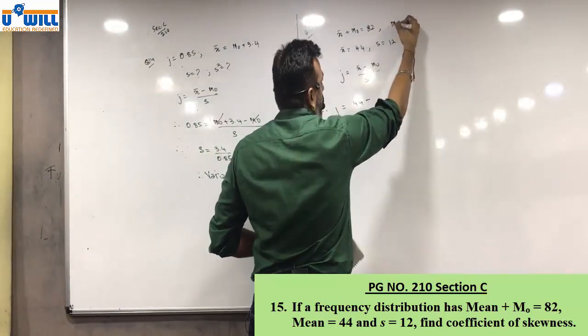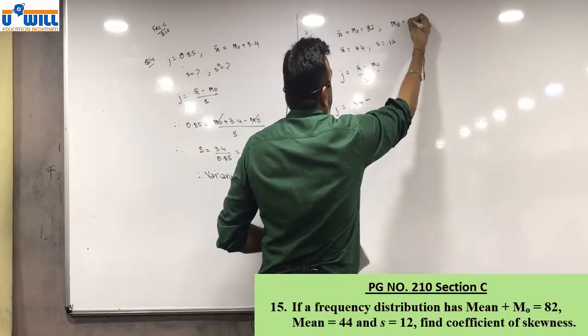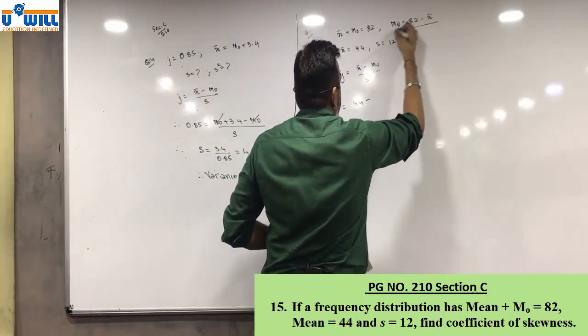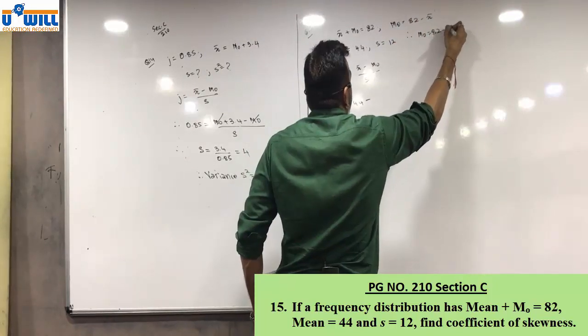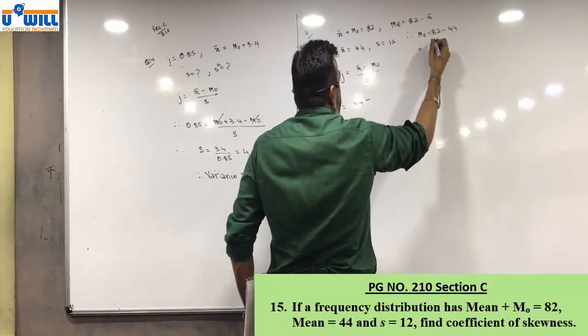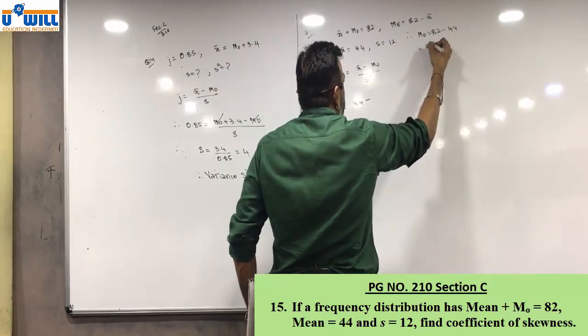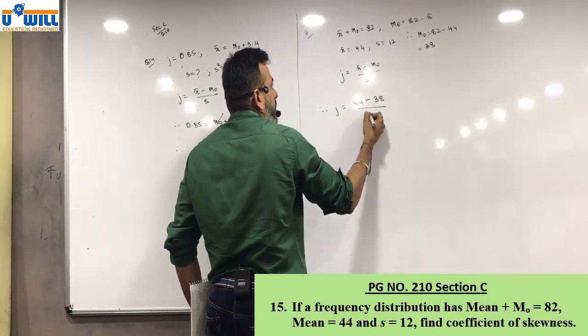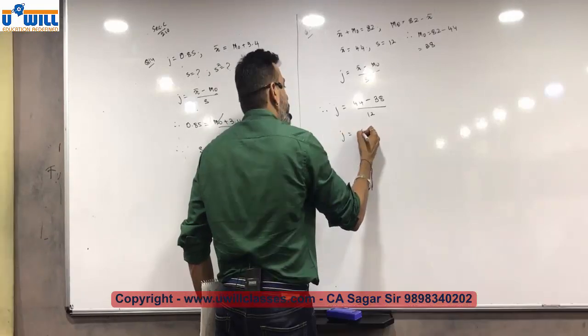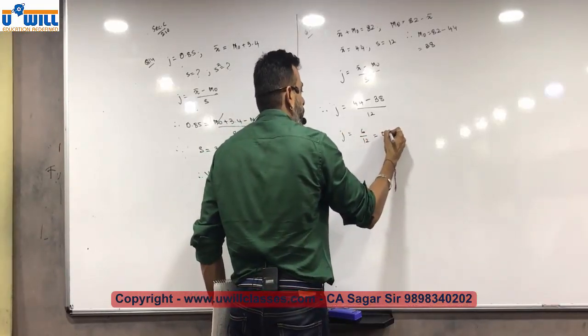Can I say mode is equal to 82 minus x bar? Can I say mode is equal to 82 minus 44, which is equal to 38, upon standard deviation 12. 6 by 12, which is 0.5.